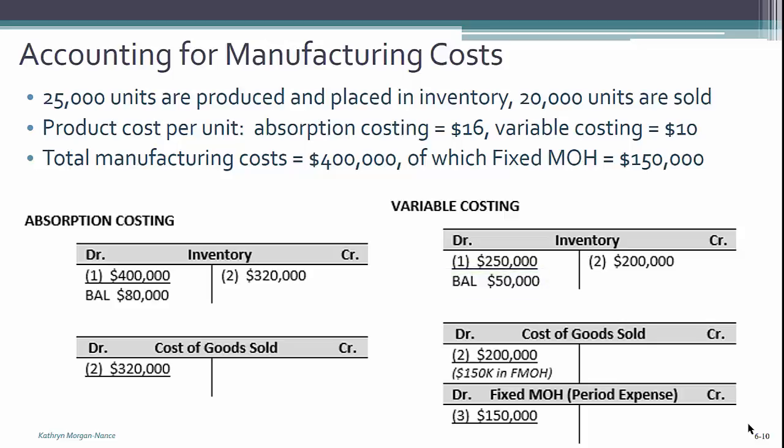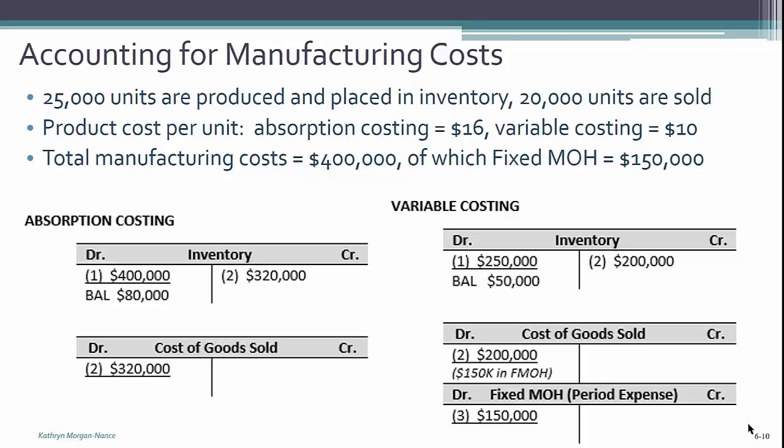Total manufacturing costs under variable costing are found in three accounts: the inventory account for $50,000, the cost of goods sold account for $200,000, and the fixed expense for manufacturing overhead of $150,000. So we've accounted for now the same $400,000. Those amounts just exist in different accounts.